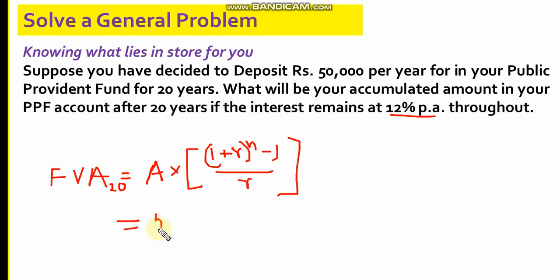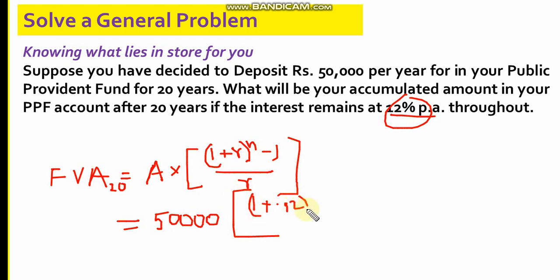My annuity is 50,000. Every year I am depositing 50,000, right, into (1 plus my interest is 12% per annum, so 0.12) to the power, it is for 20 years, to the power 20 minus 1, whole divided by 0.12, right?